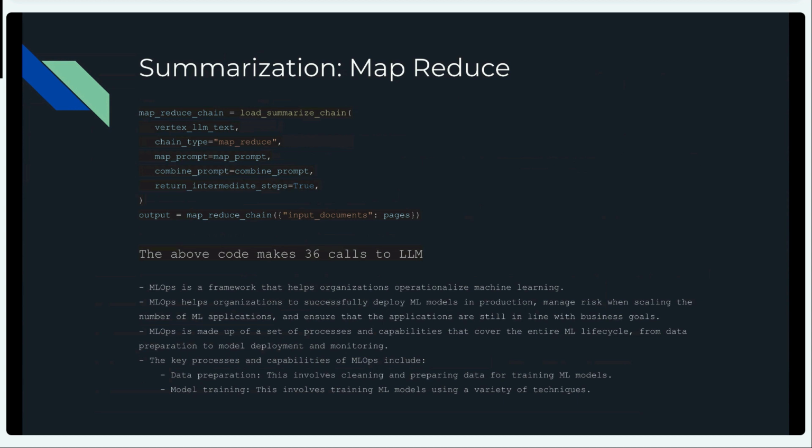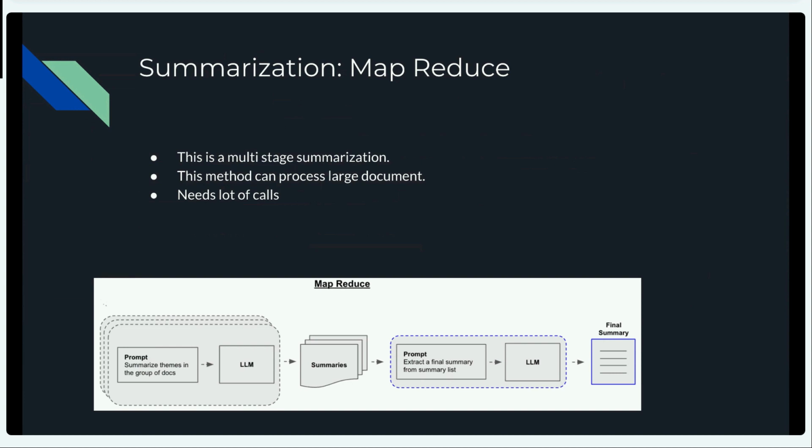There is still one issue with MapReduce, which I haven't talked about yet, which I will briefly discuss before we move on to the next method. Let's say the document that you want to summarize is very, very big. In that case, in your map step, you can create multiple summaries.